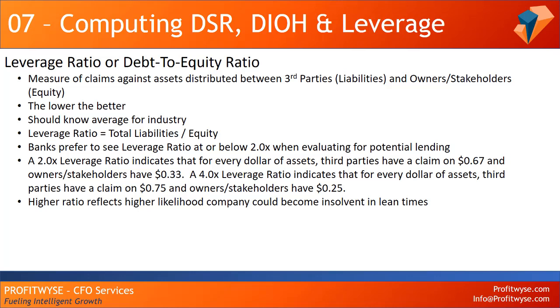If you have a 2.0 leverage ratio, what that means is that third parties basically have a claim on 67 cents of every dollar of assets the business has, and the owners have 33 cents. If you had a leverage ratio of 4x, then third parties would have a claim on 75 cents of every dollar of assets versus owners and stakeholders only have 25 cents.